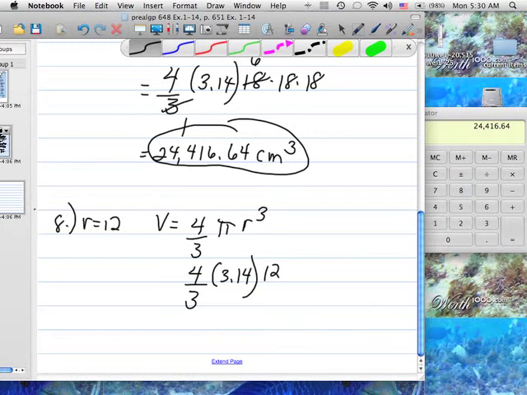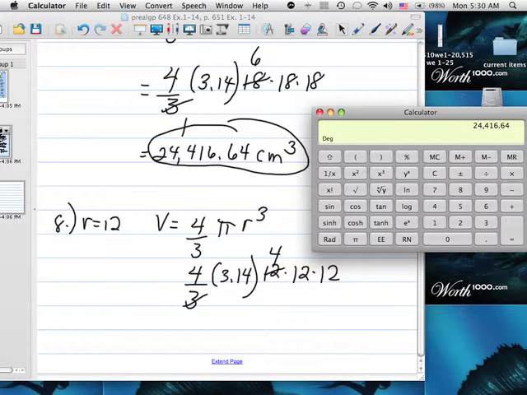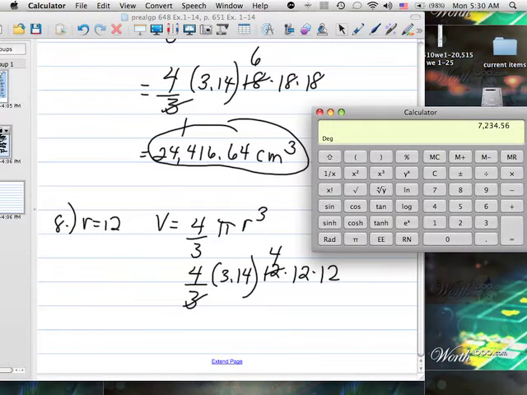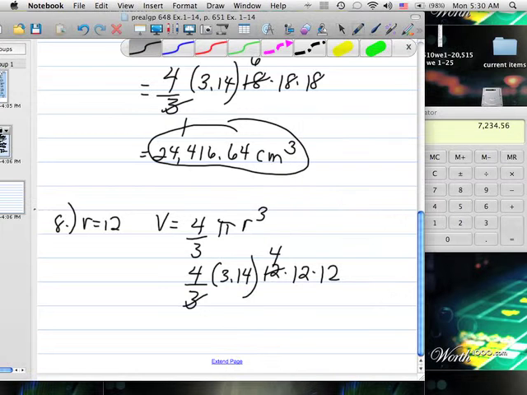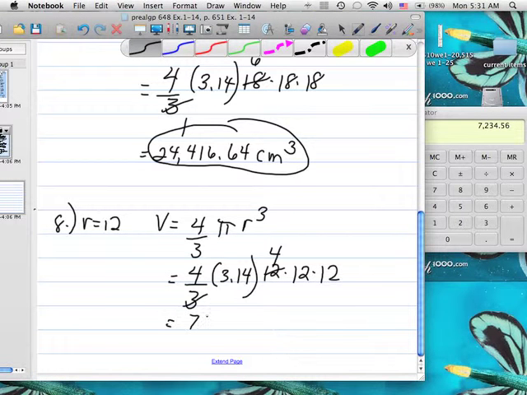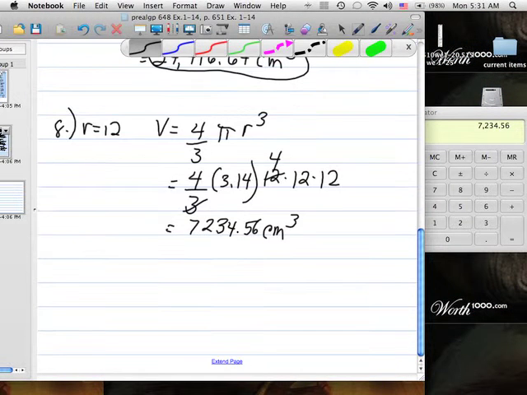But I know that 3 goes into 12, so I'll go ahead and cancel. So I have 4 times 3.14 times another 4 times 12 squared, and I get 7,234.56 centimeters cubed.